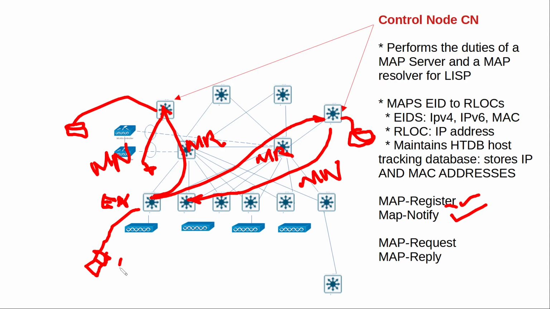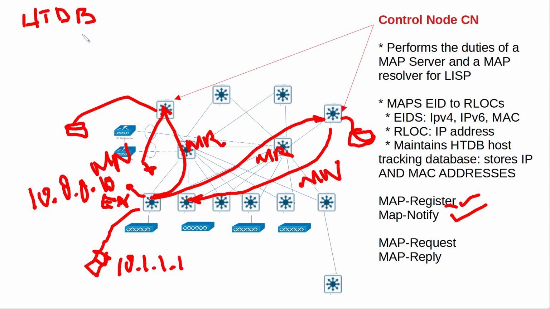So for instance, if I have this device that has the IP address 10.1.1.1 and this edge node has the loopback IP address 10.0.0.10, then the host tracking database on both control nodes will be updated like this, with a new mapping for 10.1.1.1 mapped to 10.0.0.10.